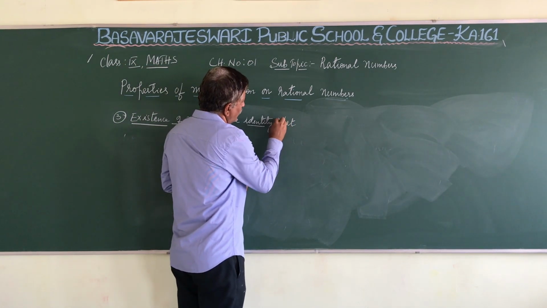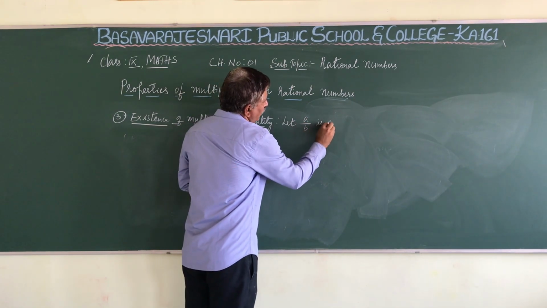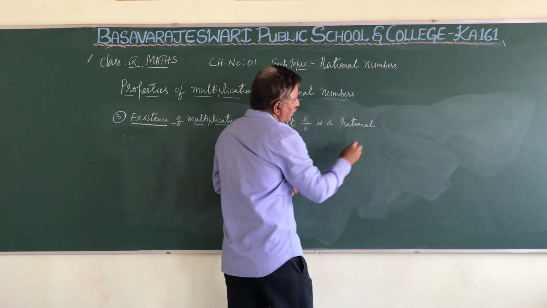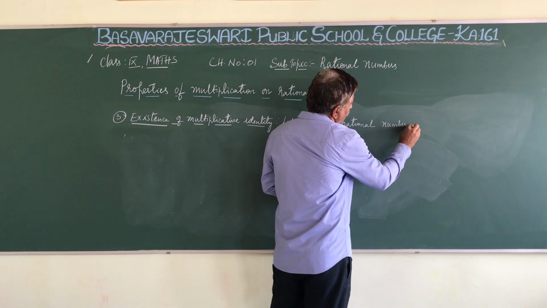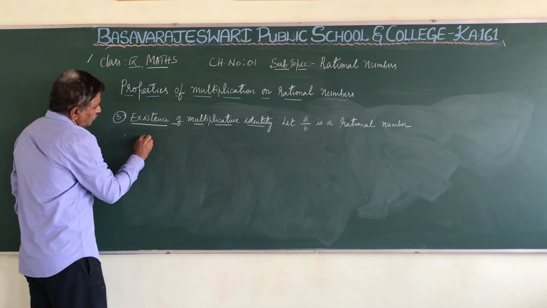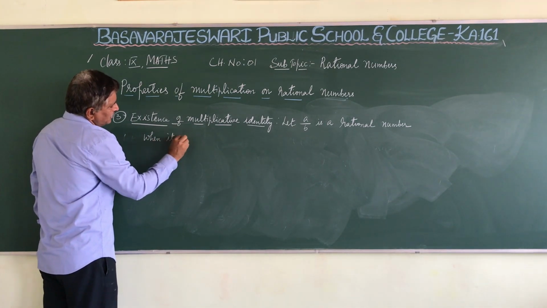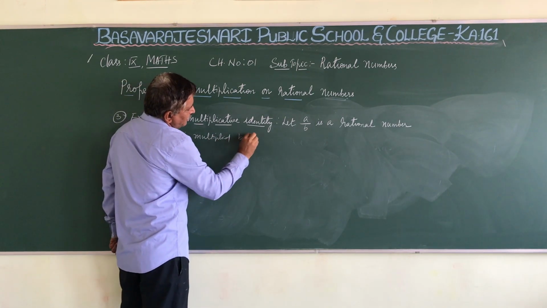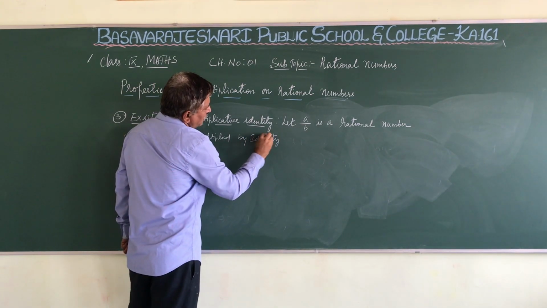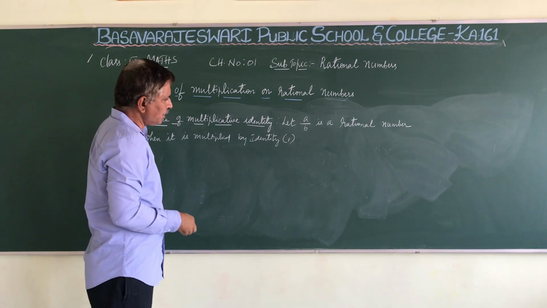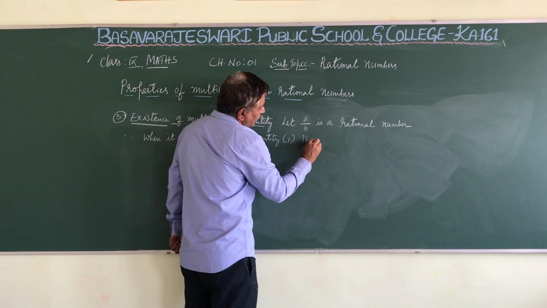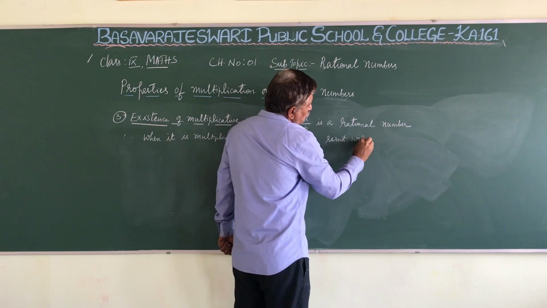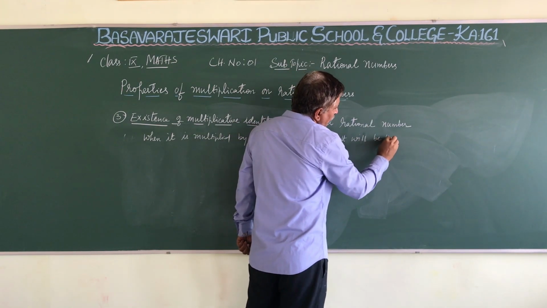So let A by B be a rational number. When it is multiplied by identity, that is 1, the result will be the given rational number.